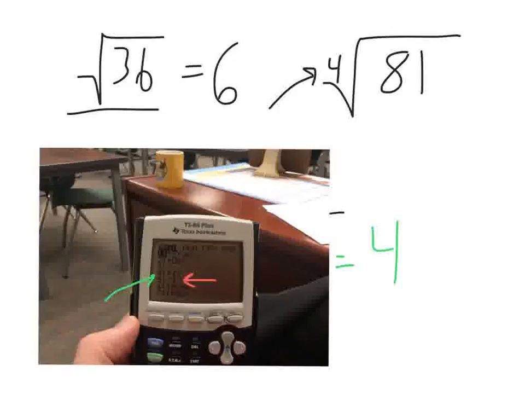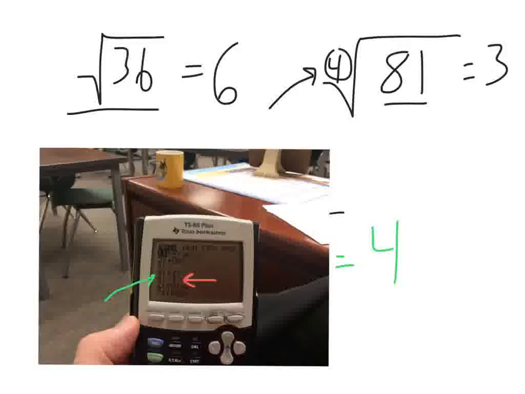So the way you would deal with that question is you would type into your calculator the 4, so you had what root you're looking for. You would hit math and pick the 5th option to get that, and then you would type the 81 to discover what the 4th root of 81 is.